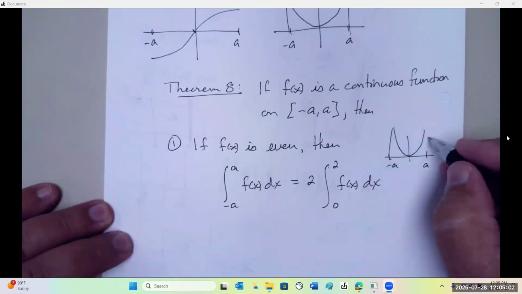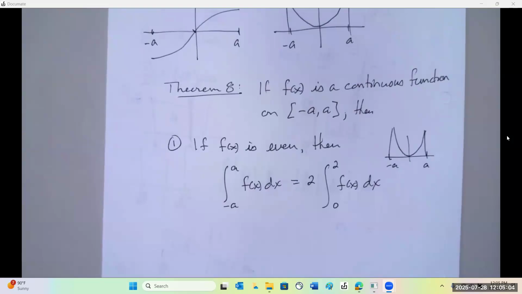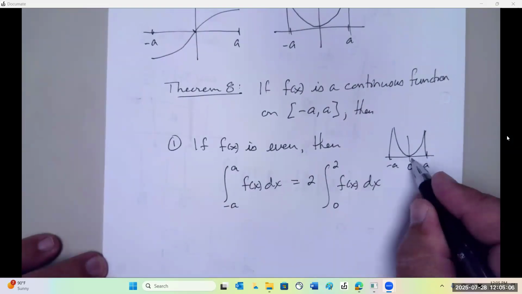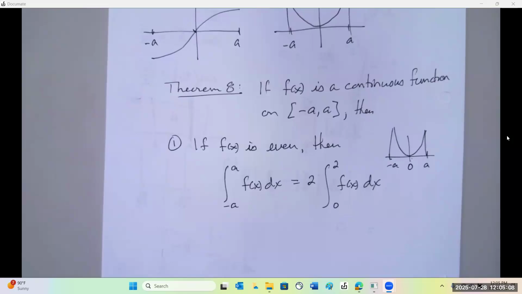Since both of these areas are going to be the same, I can just go from 0 to a and just double it. That's what it says.